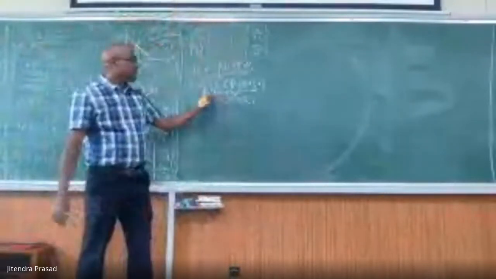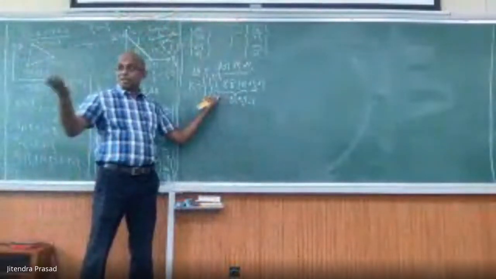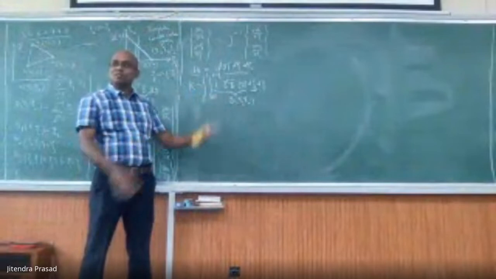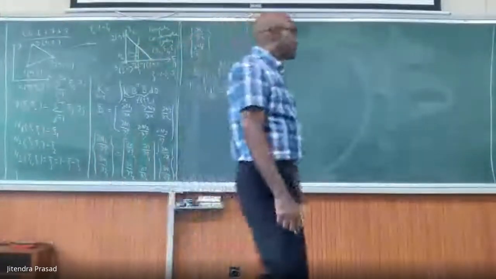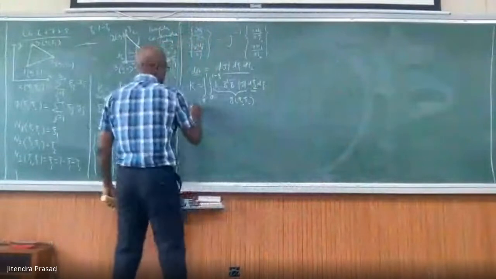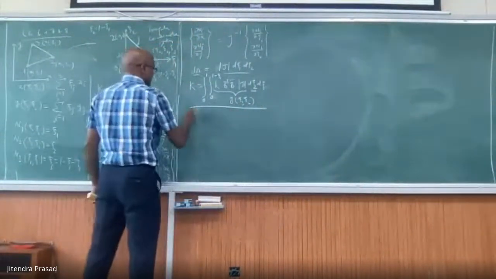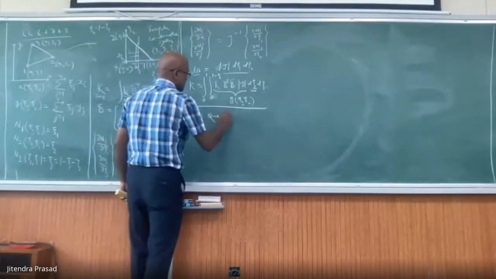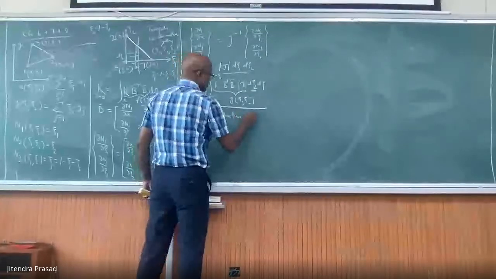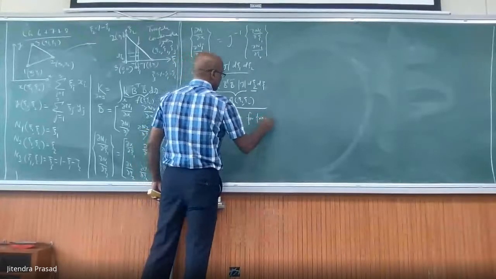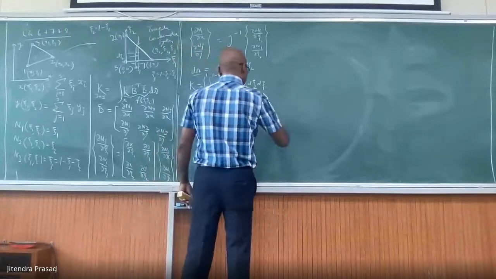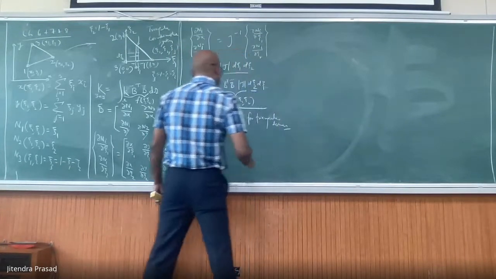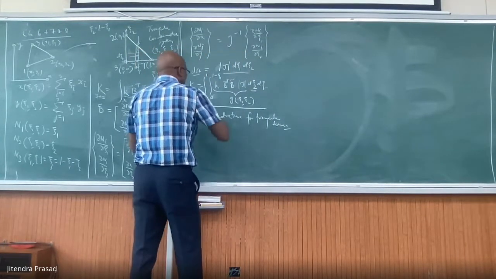You can use the usual integration. For xi2, the limits go from 0 to 1 minus xi1. You can do it this way also. Or you can use what is known as Gauss quadrature for triangle. Yeah, triangular, right? Or you can call it triangular Gauss quadrature.